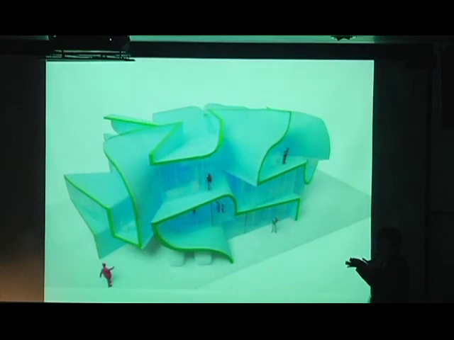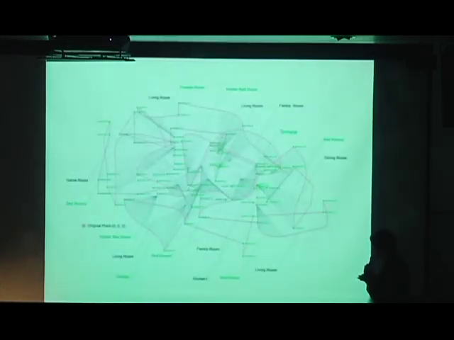So this looks very natural or random, but the relationship of the rooms is really well organized. The curvature is only created by cones, so it is a little easier to make than a totally three-dimensional curvature.